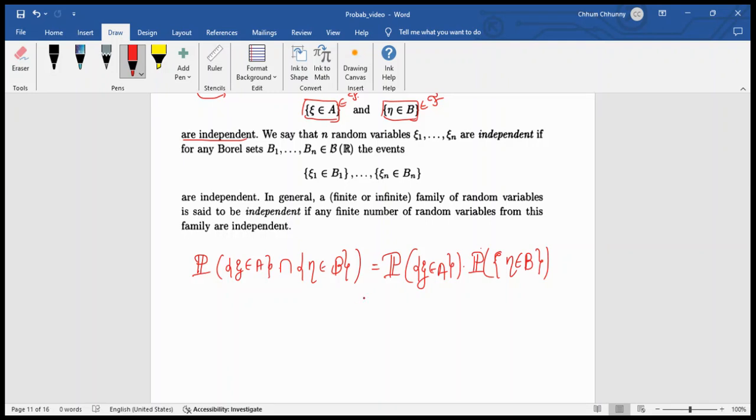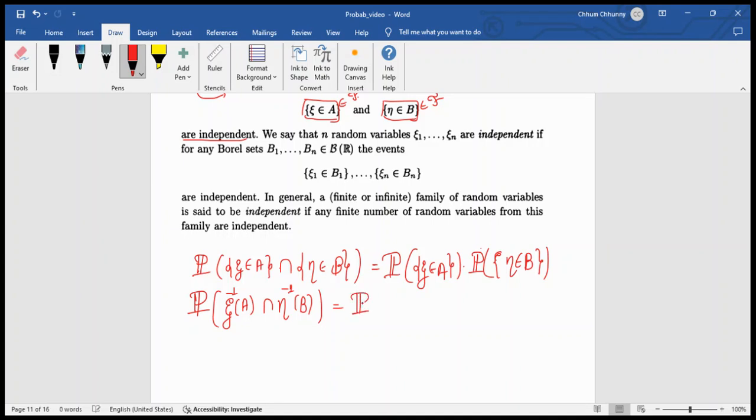Okay. So in another notation we can also write this by using the inverse function, psi inverse of A intersect with eta inverse of B. We can use this notation also, because I read in some books they use this notation, but no problem in this case.